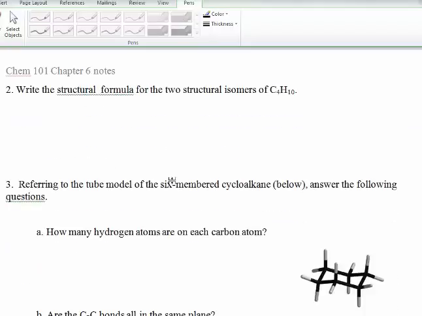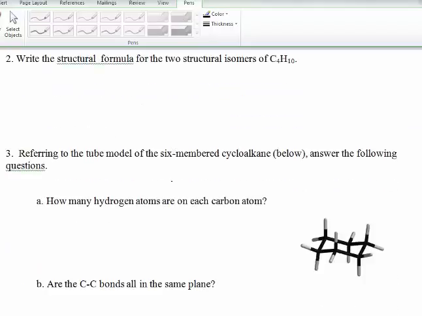Next question. Write the structural formula for the two structural isomers of C4H10. So now structural formula, that's going to have different connectivities. The first structural formula we want to show would be the most basic one. We'll draw all the carbons in a straight chain, and we'll fill in with hydrogens. So this carbon has one bond. We need to add 3 more hydrogens to it.